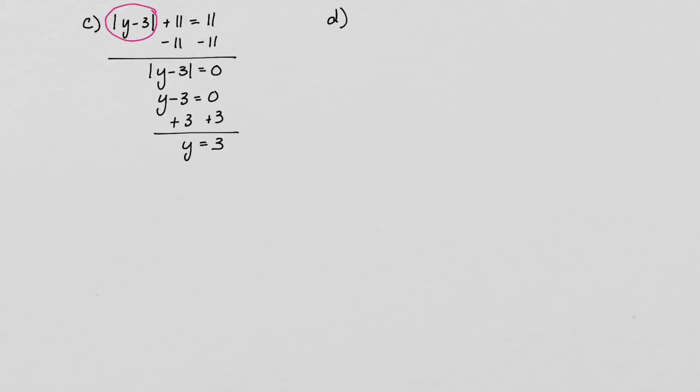And then I have one more example. So negative the absolute value of x plus 2, plus 14 equals 5. So again, here's that absolute value part. Let's circle it.